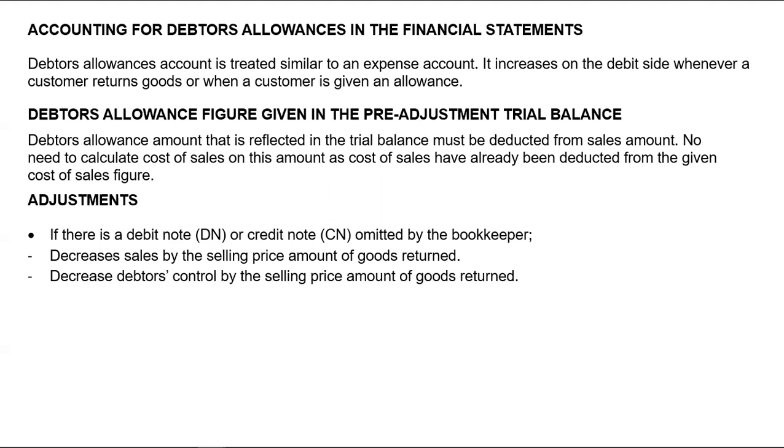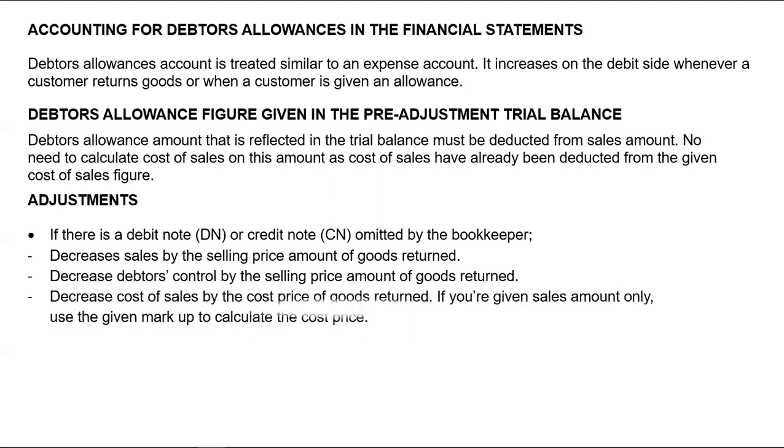Now I'm going to do the ones that will be affected by the cost price. You will reduce cost of sales by the cost price of goods returned. If you are given sales amount only, use the given markup to calculate the cost price.